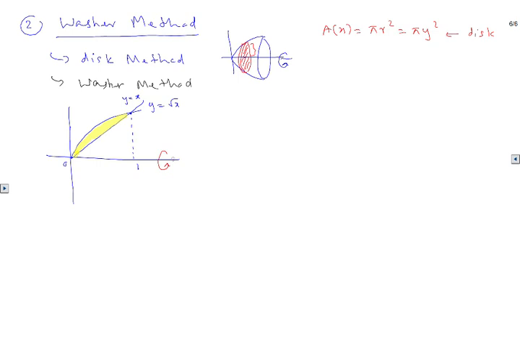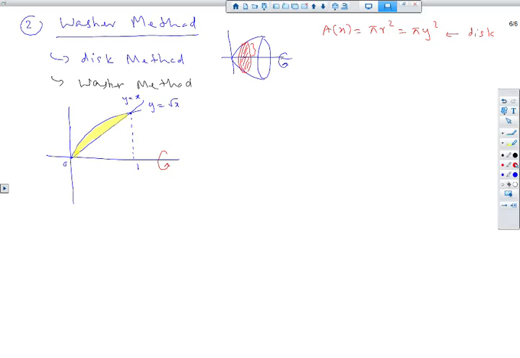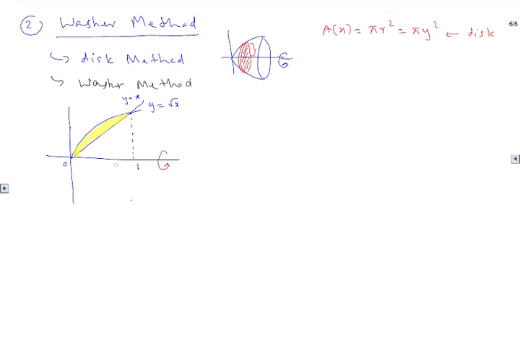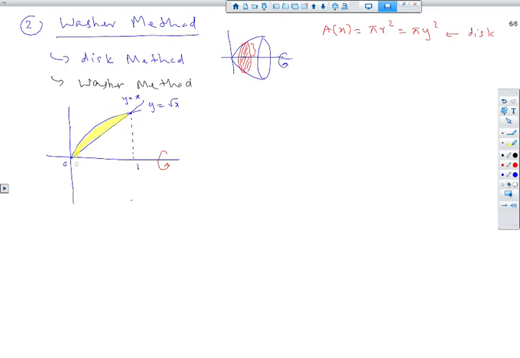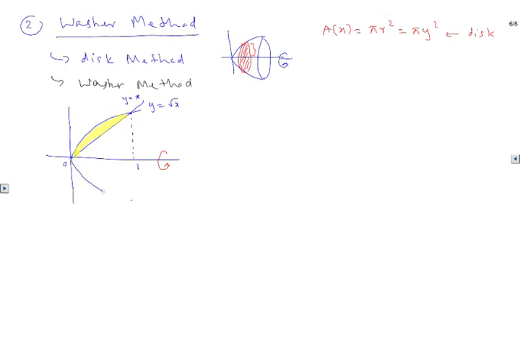Now what's going to happen when you rotate? It's going to create a solid, and it's going to look like this. This is how your solid looks, and that's the opening.